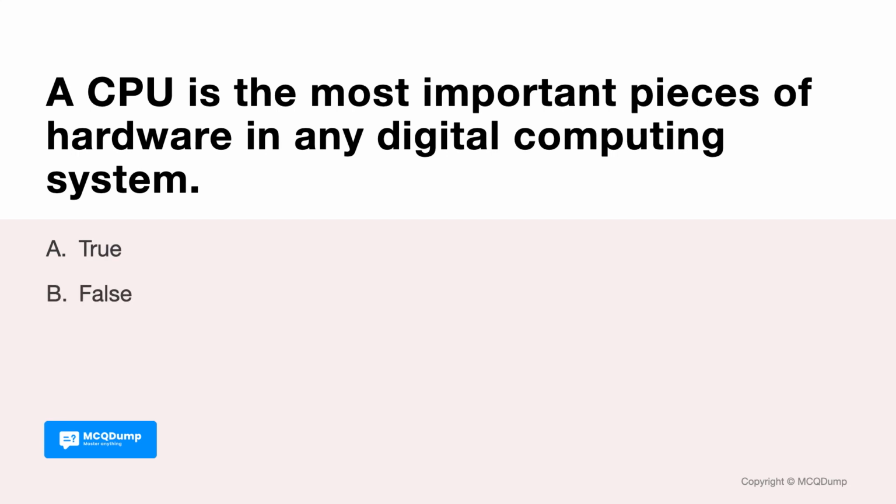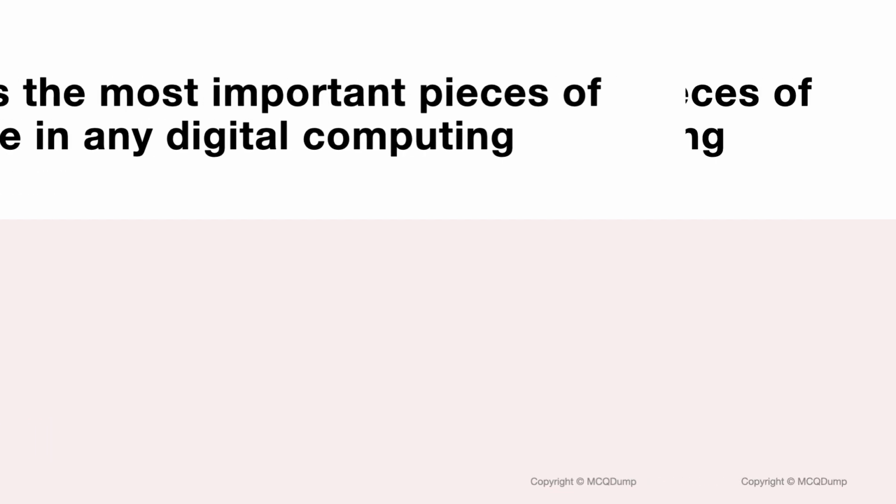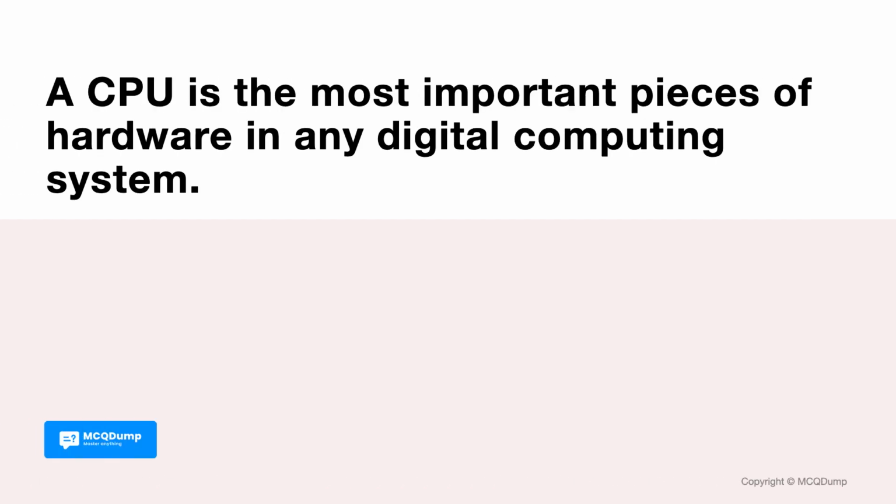True or false? It is true. A CPU is the most important piece of hardware in any digital computing system. Although the CPU is now less important to overall system performance than it used to be, it still plays an important role in the responsiveness and speed of computing devices.